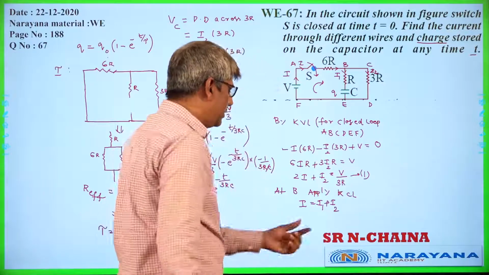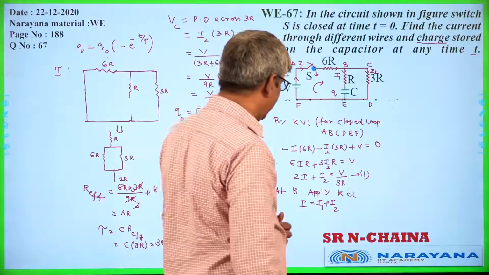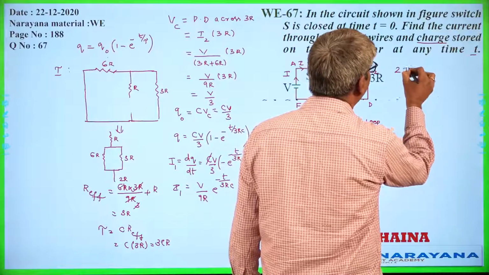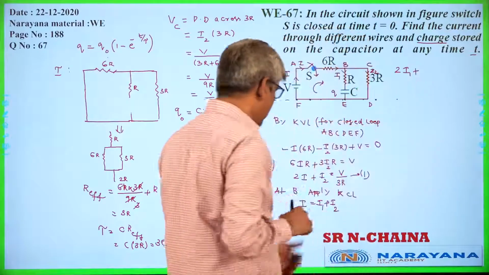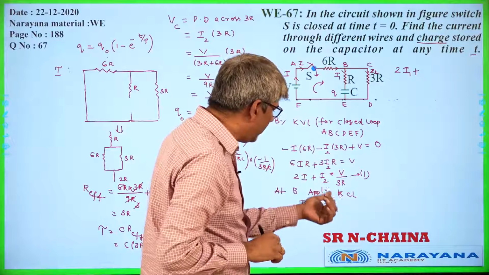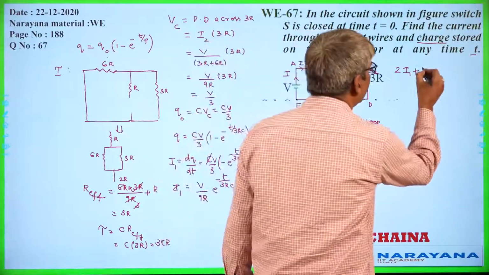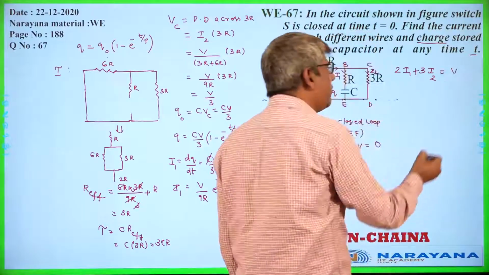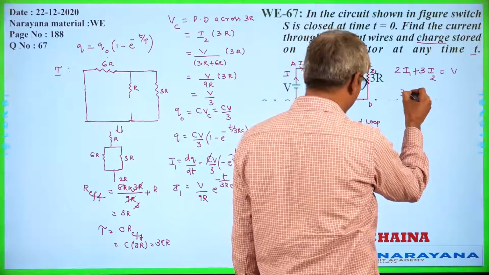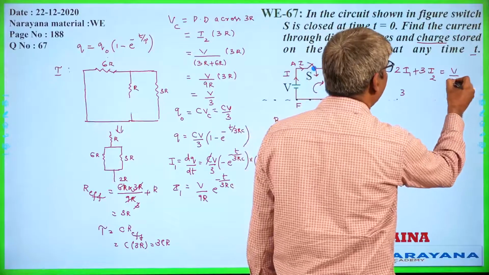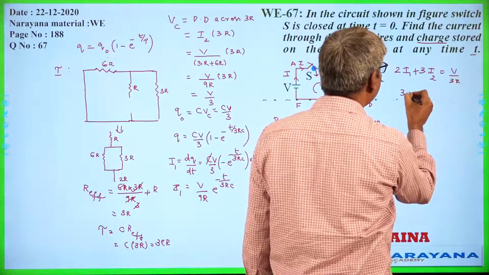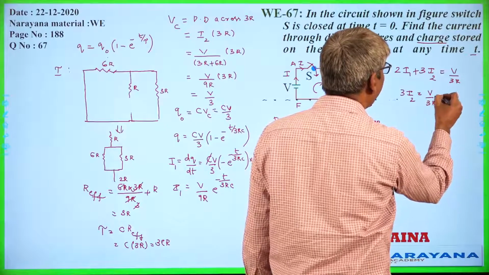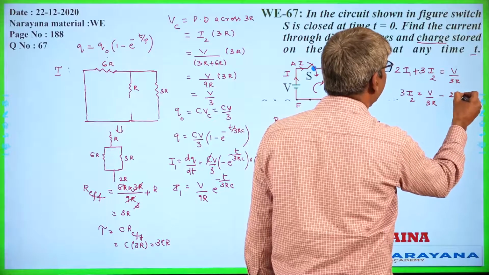Substituting here, we get 2 into I1 plus I2, that is 2I1 plus 3I2 is equal to V. We are required to find I2, that's why 3I2 is equal to V by 3R minus 2I1.